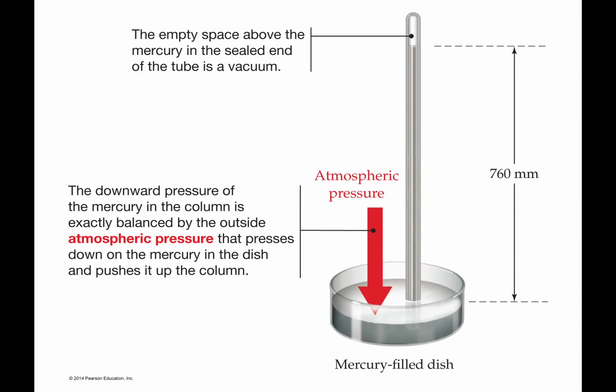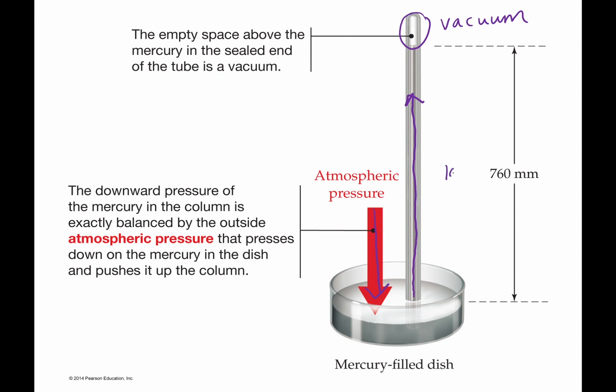A barometer is a glass tube. The glass tube is filled with mercury and it's inverted into a pool of mercury. So when this comes down, this is actually a vacuum at the top. So anytime that the pressure of the atmosphere pushes down on the pool of mercury, it forces the mercury in the tube to rise.